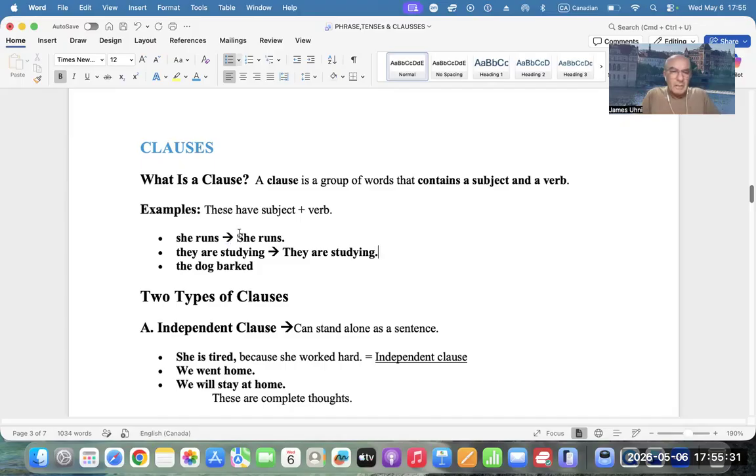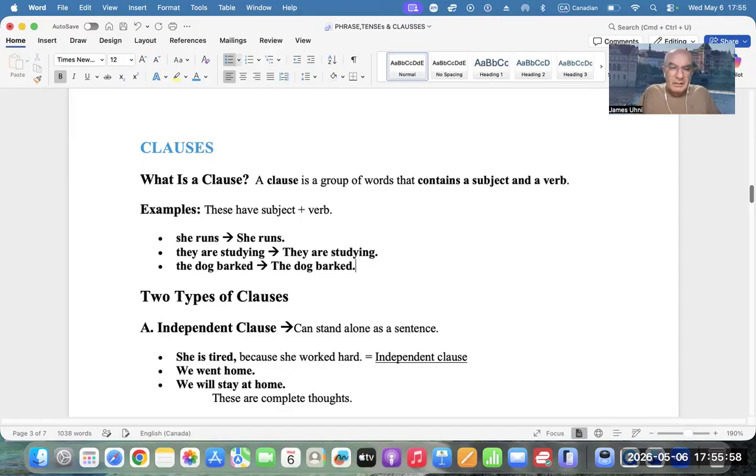So this is present simple tense. This is present continuous tense. The dog barked. Beautiful. This is perfect past simple tense. I mean, past simple tense. The dog barked.